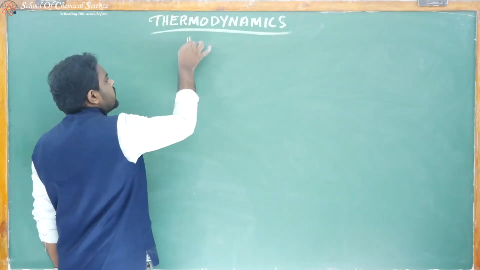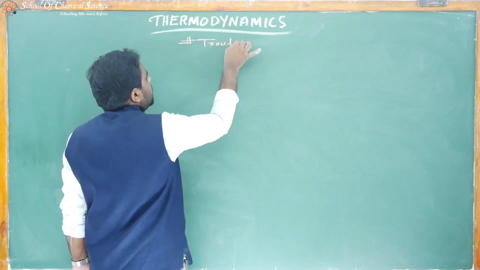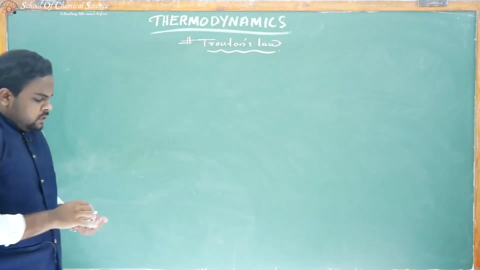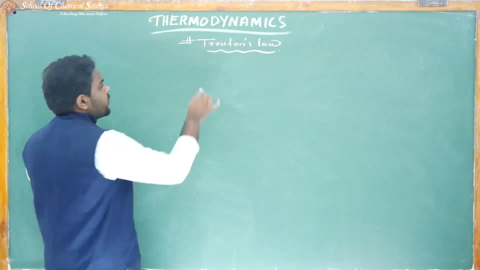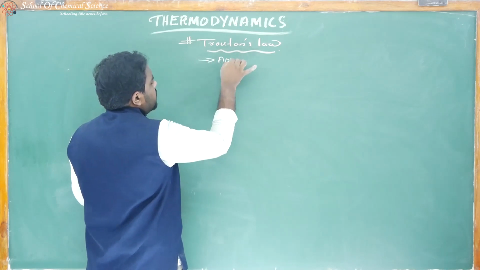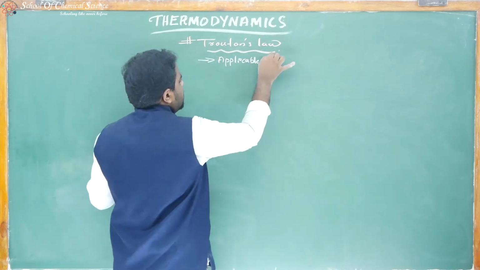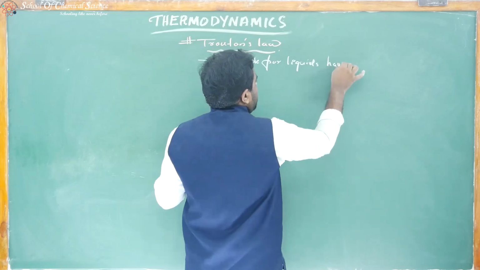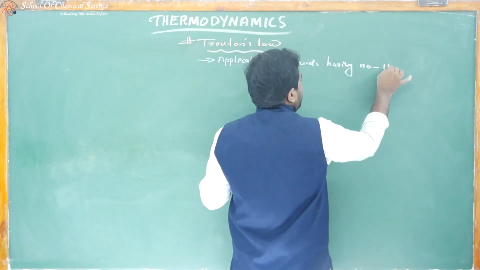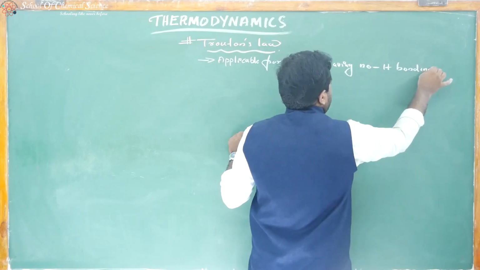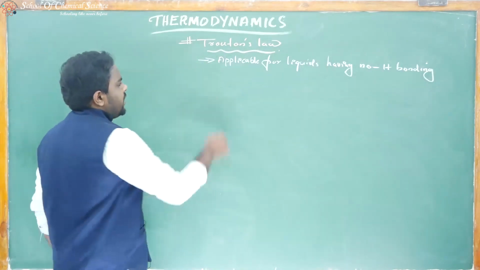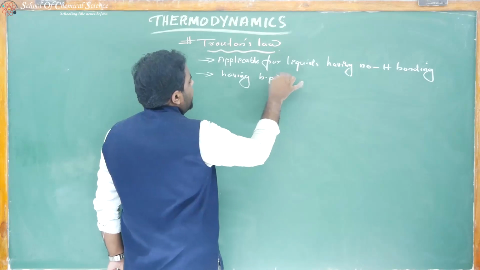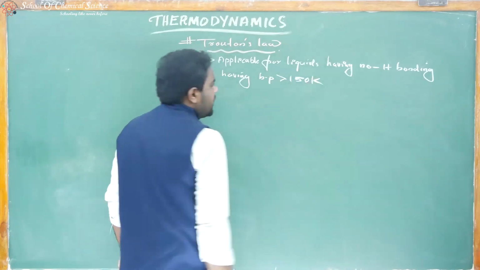Then Trouton's law. It's a simple law. Trouton's law is applicable for liquids having no hydrogen bonding and also having boiling point greater than 150 Kelvin.